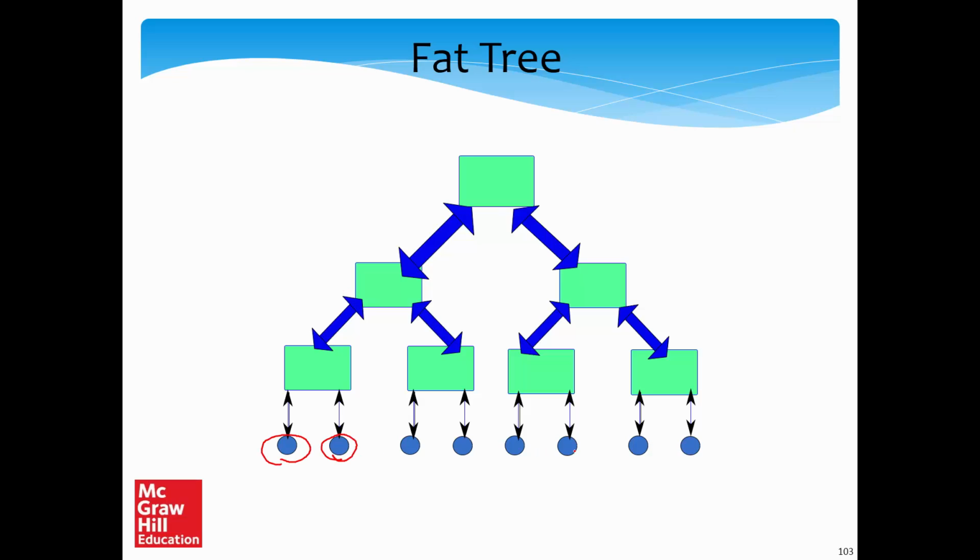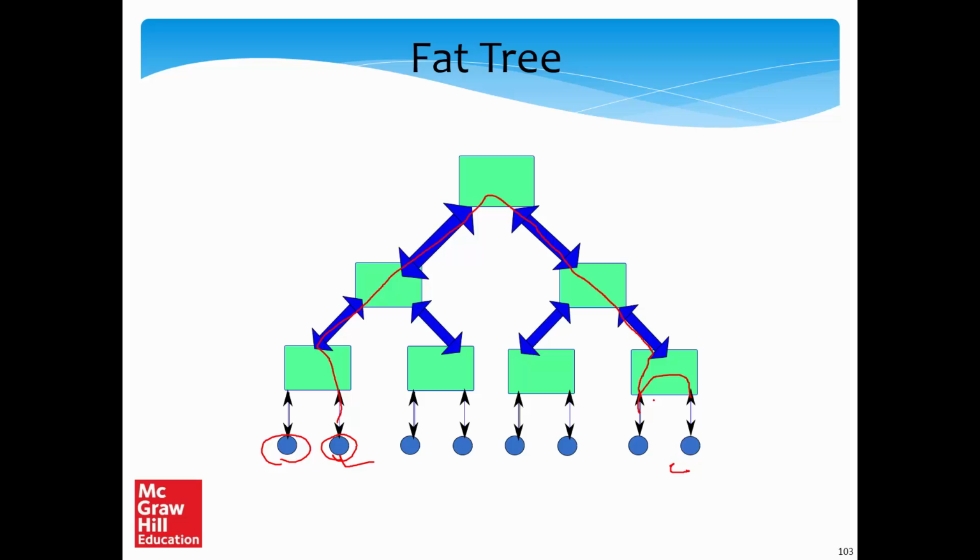All the green nodes are essentially router nodes, but they don't per se produce or consume any data. A message from here to here can traverse like this, but any message going from this node to this node will have to go up, up, up, up, again come down, down, down, down, and this way.